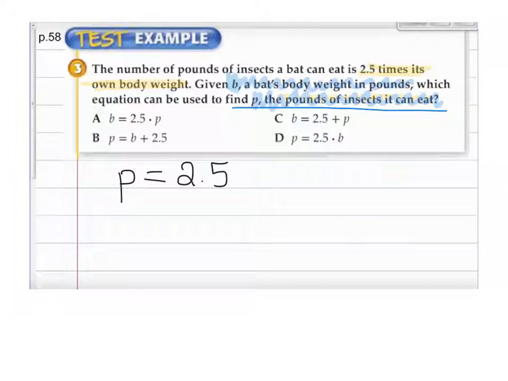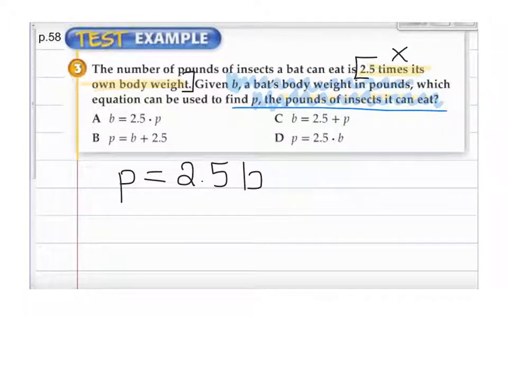Given B, a bat's body weight in pounds, so I know that the variable B is used to represent the bat's body weight. Because, let's read it again. The number of pounds of insects a bat can eat is 2.5 times its own body weight. So 2.5 times, that's multiplication, its own body weight.